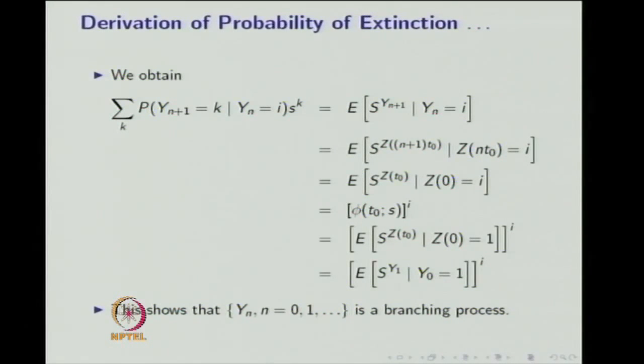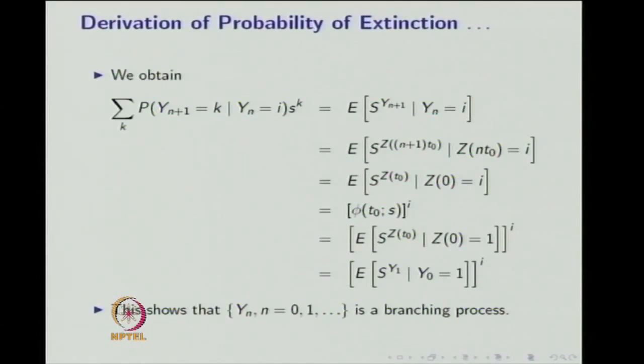That can be written as the expectation of s^{Z(t_0)} given Z(0) is equal to 1, the whole power i. That is the same as the expectation of s^{Y_1} given Y_0 is equal to 1, the whole power i. This shows that Y_n is a discrete time branching process.